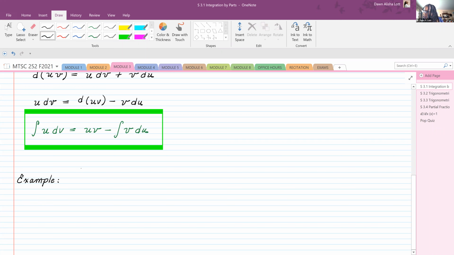So I want to integrate x times the sine of x dx. Now, 95% of these problems, u is something that when you take its derivative gets easier. There's this one little 5% where you can't use u to be x or x squared or something simple.